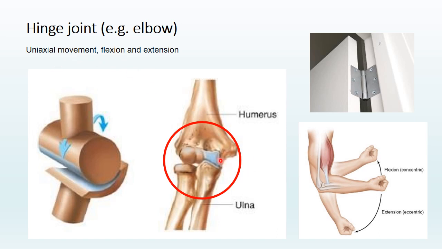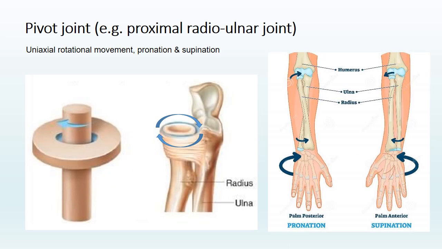The example of that is the elbow joint. Movement across this joint is a uniaxial movement in terms of flexion and extension. There's no rotation at hinge joints. This is hinge joint.